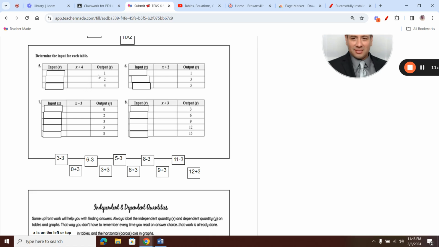Okay? So what's the inverse of divide? Multiply. So that's my first job, to figure out what the x is. How do I figure it out? I'll get the 1 and multiply by 4. So what's 1 times 4? It'll be 4. So I know that here it has to be 4.